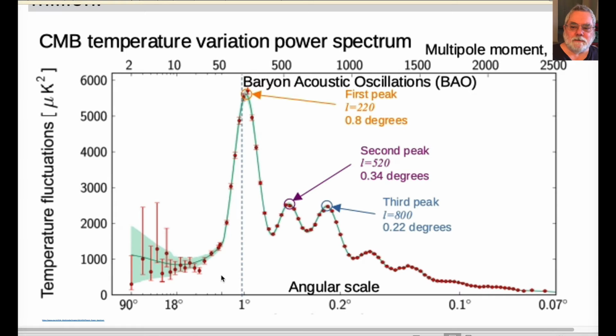The fluctuations detected on large angular scale, lower left on the graph, are about 10% weaker than the best fit of the standard model to Planck data.